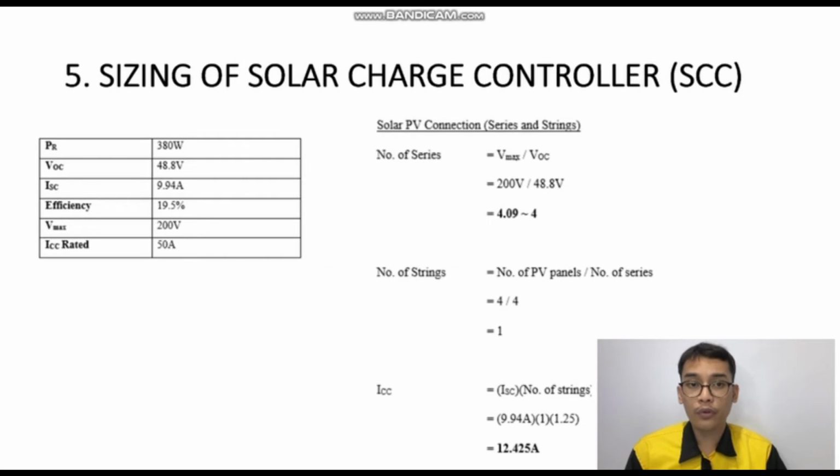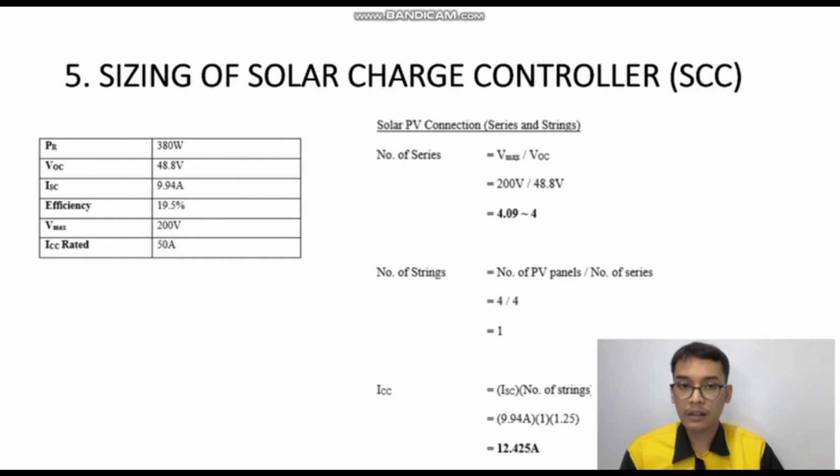After that, for the solar charge controller, Encik Hamad has chosen the PV panel that we have told earlier. So for the solar PV connection, the number of series of solar PV panels is 4, while the number of strings for the PV panel is 1.